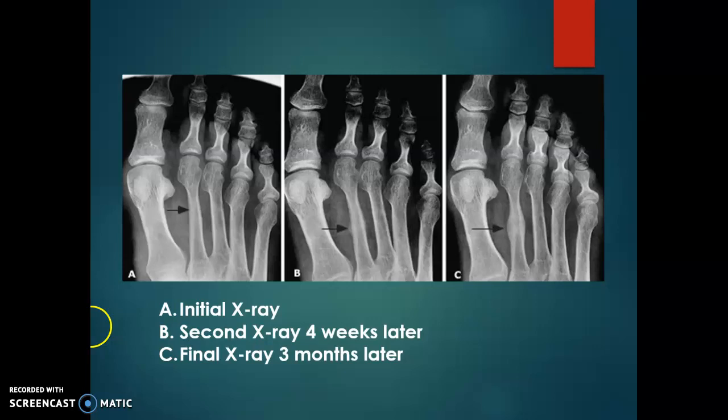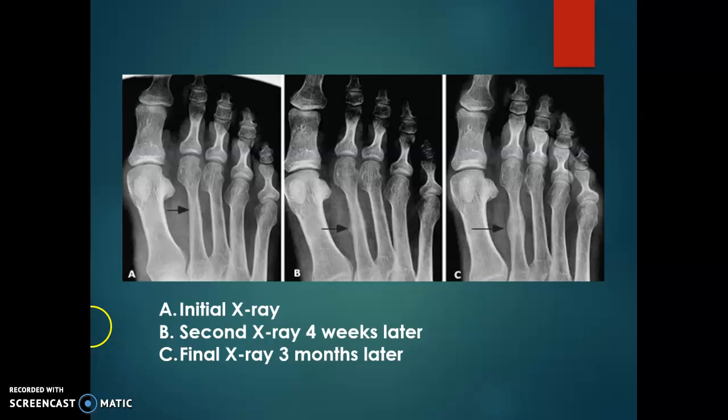There's no cracks in it, there's no inflammation, and so they send them home. The person still has pain, they come back 4 weeks later, get a 2nd x-ray, and you can start to see where that black arrow is, that there is a little bit of cloudiness in a circular area right around the 2nd metatarsal in the middle, and that is the reaction of the stress and inflammation starting to build up.